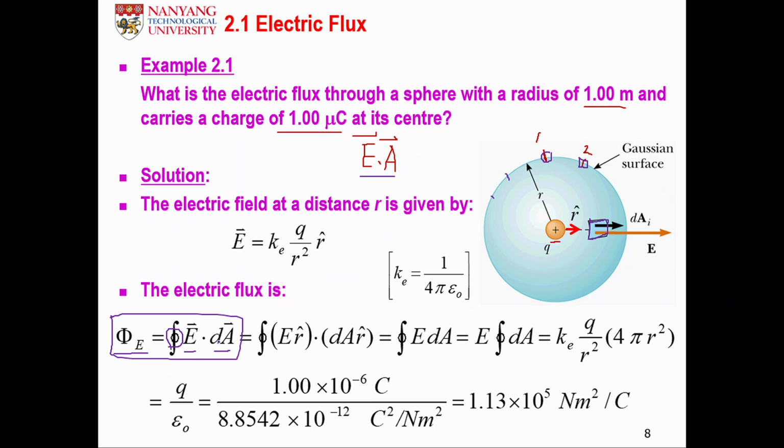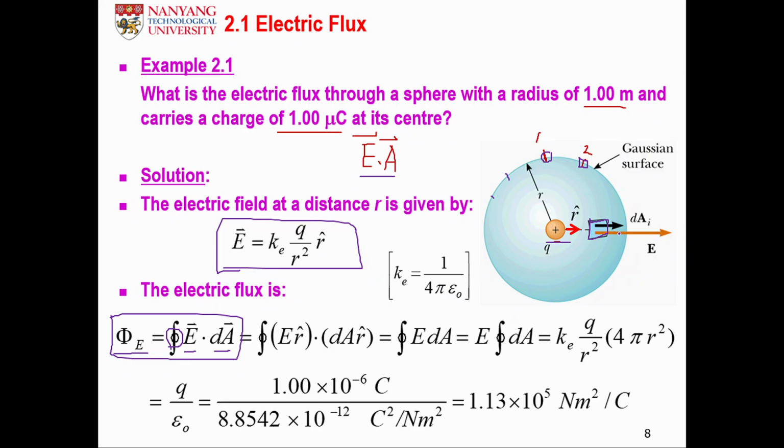Now, of course, this E is all due to this single point charge Q, right? And for the electrical field E due to a single point charge Q, we have this formula. If we look at these two vectors, vector E and vector dA, let's come back to this tiny surface.